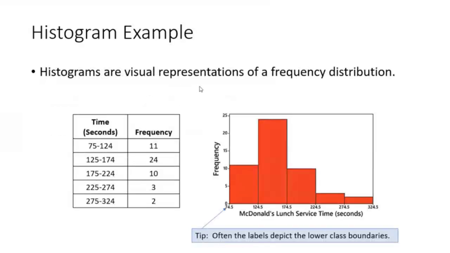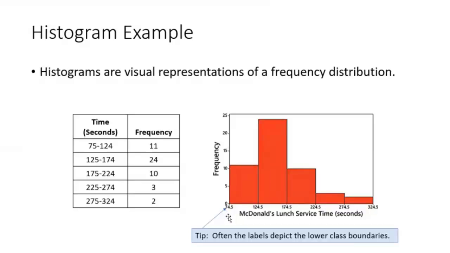Histograms then are visual representations of a frequency distribution. When we have a frequency distribution, which we dealt with last time, we had these numbers. We took some of those numbers, and we saw them in that StatCrunch histogram, but then our labels are probably going to have class boundaries. It just depends on how they get made or what technology is used to make them.